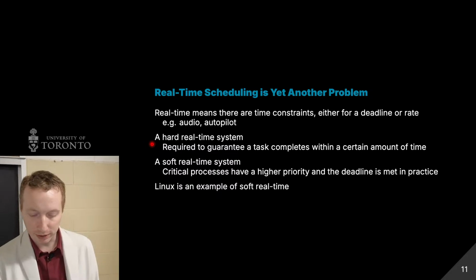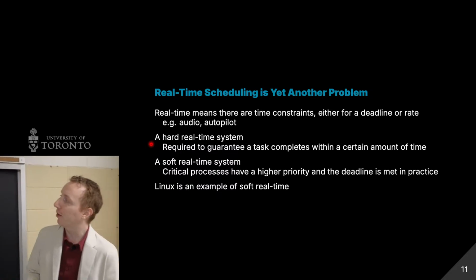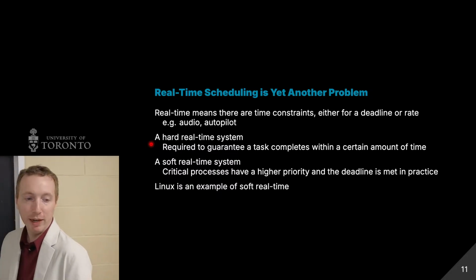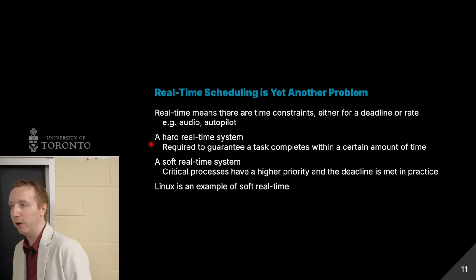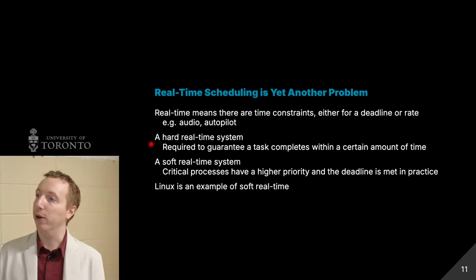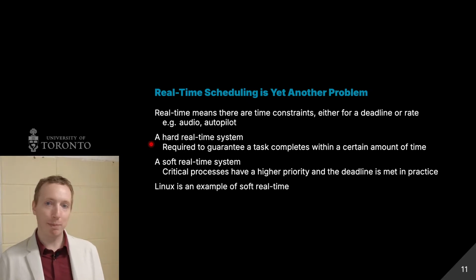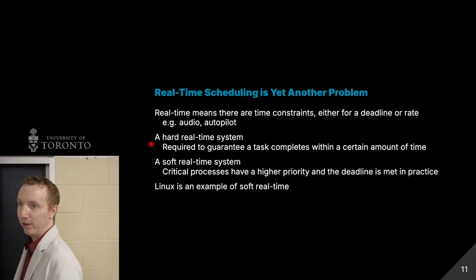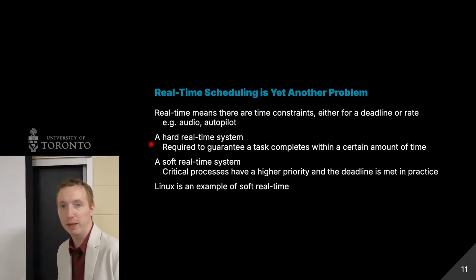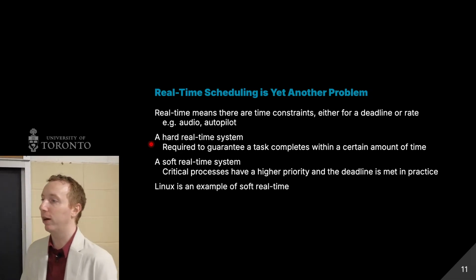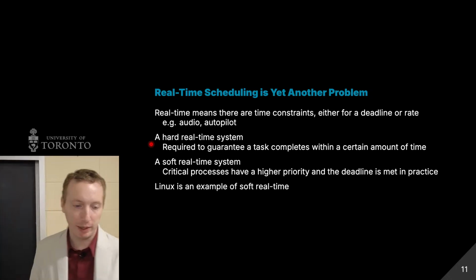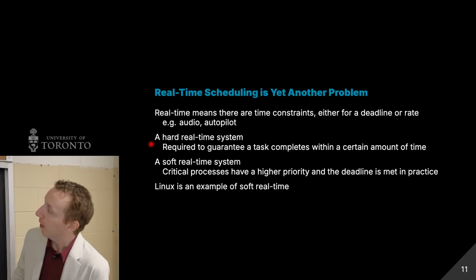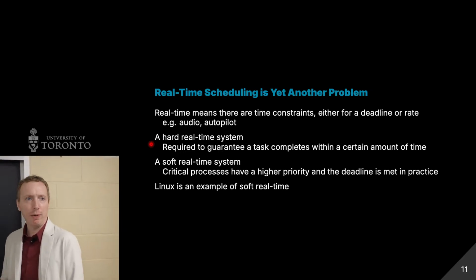So there are some types of systems. One is called a hard real-time system, which is required to guarantee a task completes within a certain amount of time. Like, if you were guiding a missile or something, you probably want to make a decision within a few milliseconds. Otherwise, you might go off course and hit something you don't want to, or autopilot or something like that. People program these things, like a train switching system.